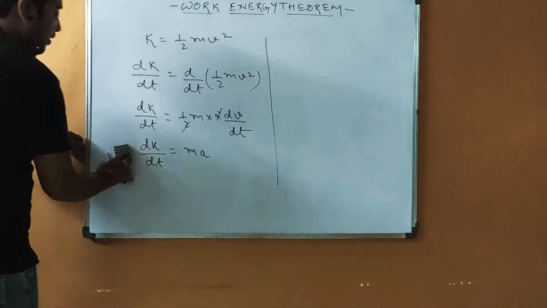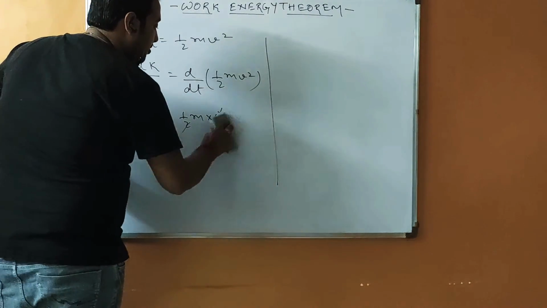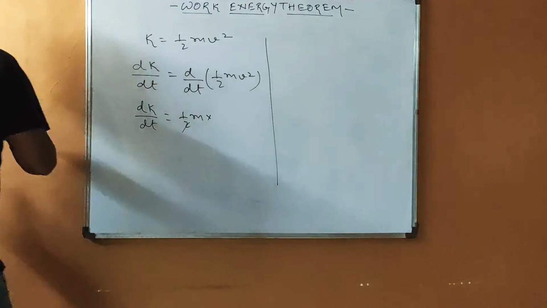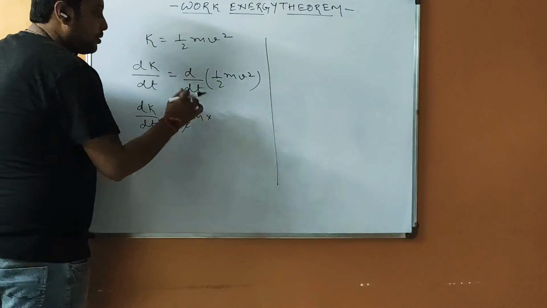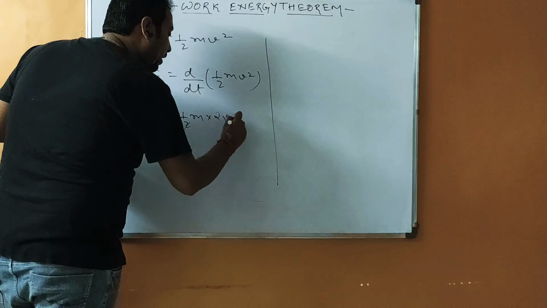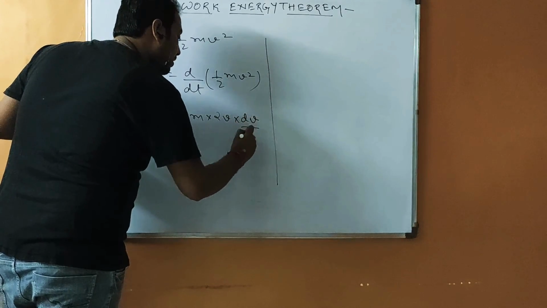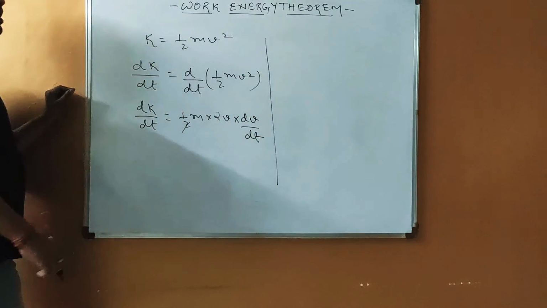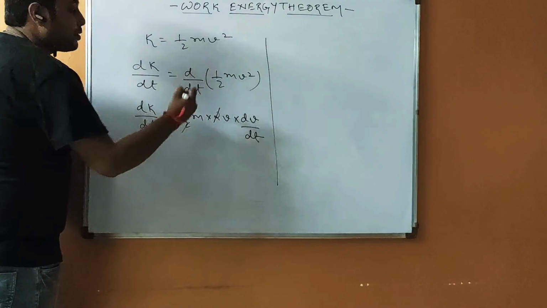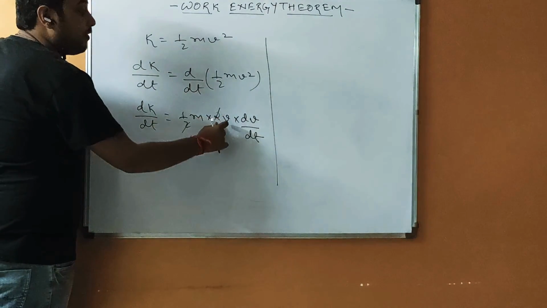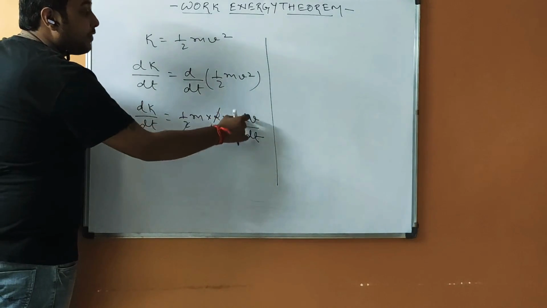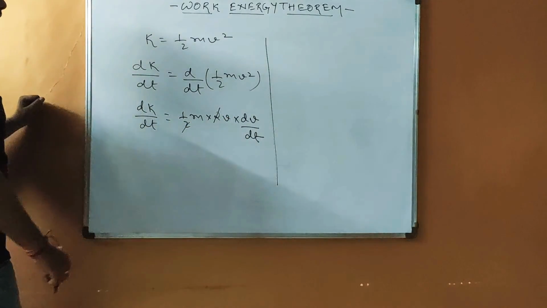Just wait. I forgot the chain rule. Half into m into 2v into dv by dt. These two and these two will cancel. If you remember the chain rule, the differentiation of v square will be 2v and then the differentiation of v, that is dv by dt.